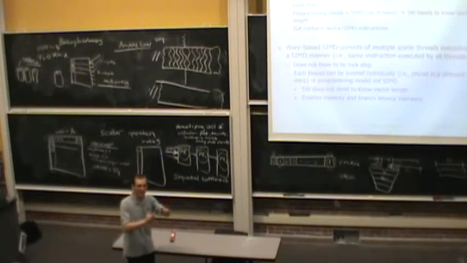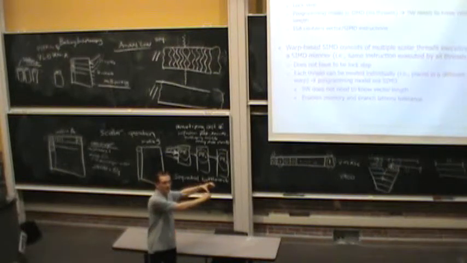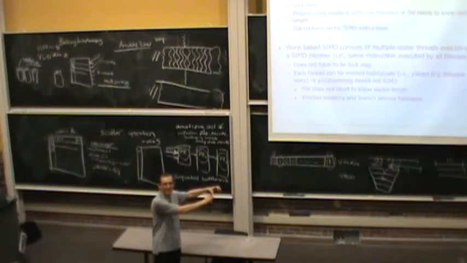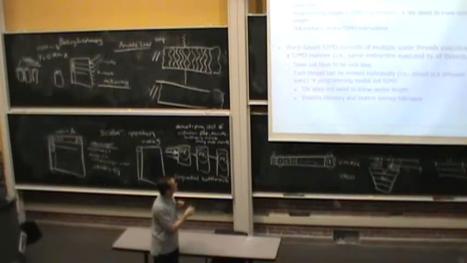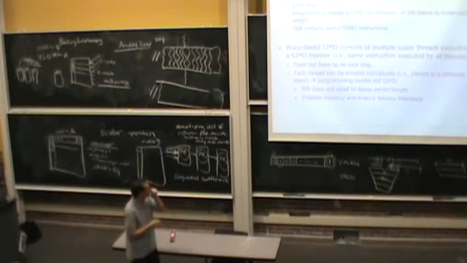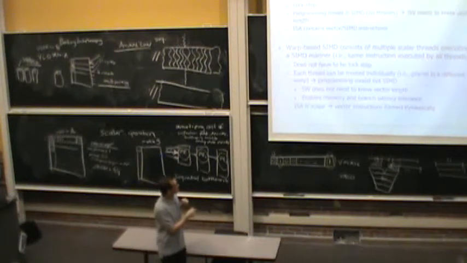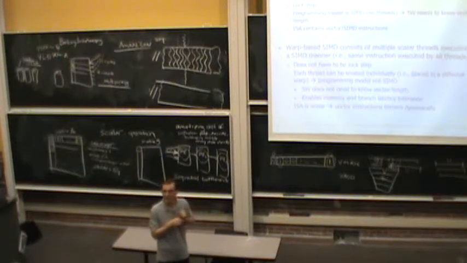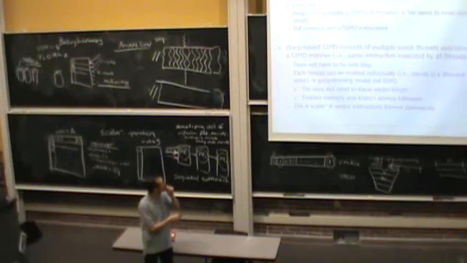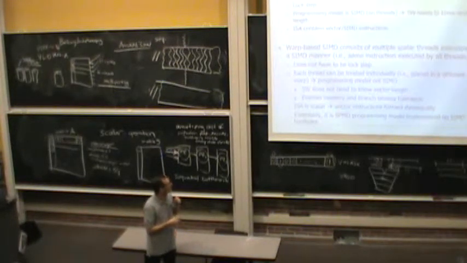You can actually take a thread and place it in a different warp. And software doesn't need to know the vector length as well. This enables some memory and branch latency tolerance that I will not go into. And the ISA is actually scalar. This is one key distinction. I'll get to it. What's happening is vector instructions are being formed dynamically.